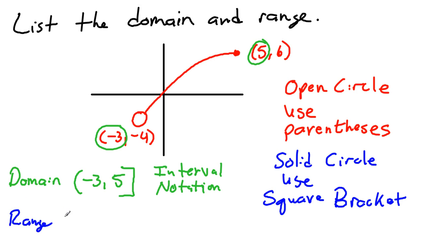And then same thing for the range, you're only looking at the y values. So you find your lowest point and your highest point, and those are the two numbers you're going to use for the range. So we started with a low of -4, the high value was 6. And same thing, because the 6 was a solid circle, close that in with a bracket, and this was an open circle, so a parenthesis goes on the -4.